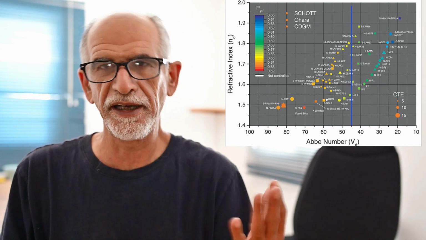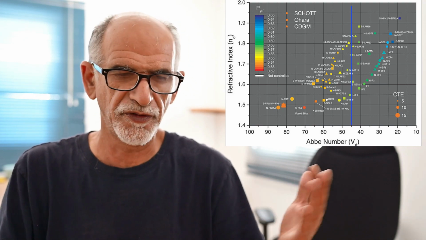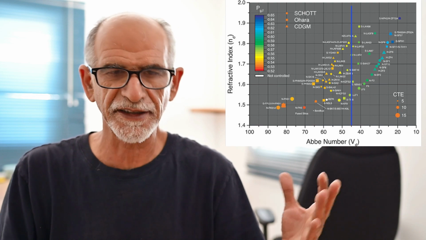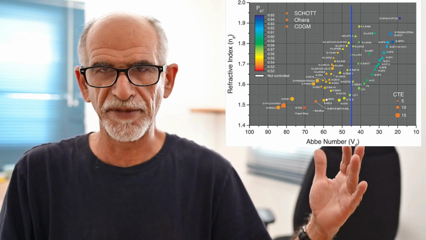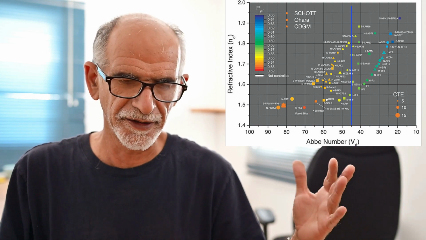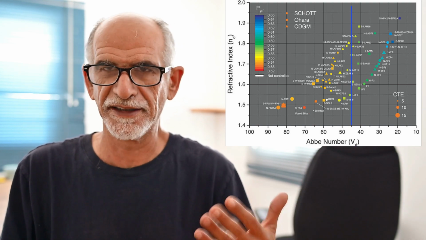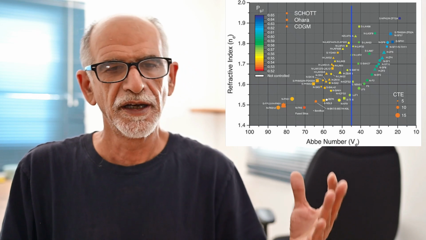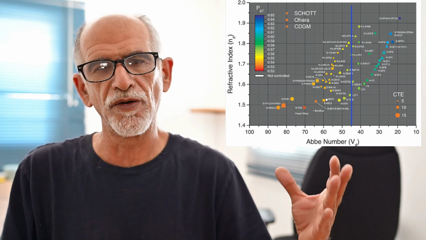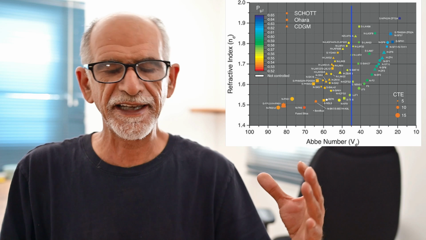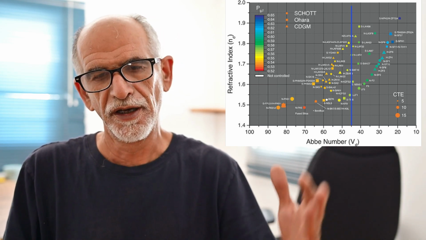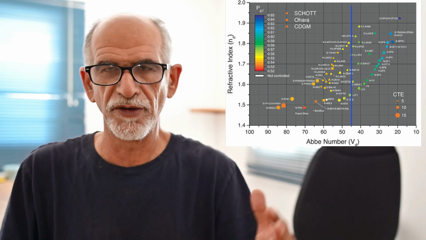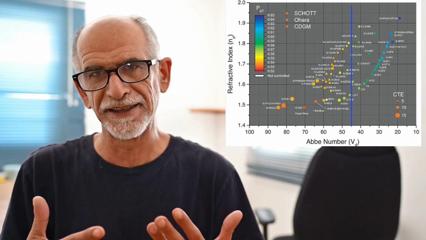There are many types of optical glass that have a higher Abbe number than our eye's Abbe number, which means those glasses allow less chromatic aberration than we can see with our naked eye.